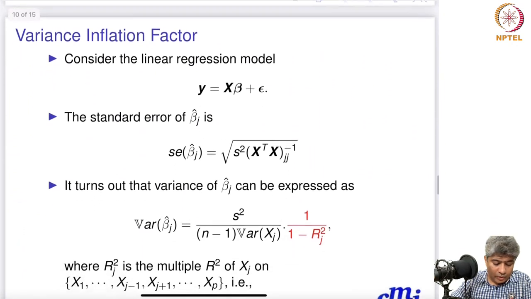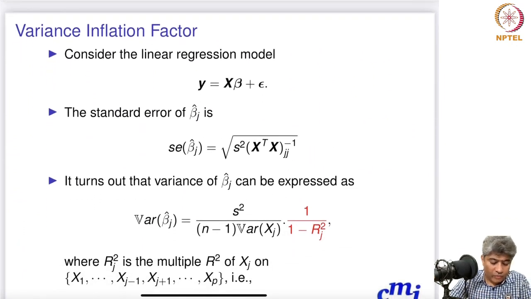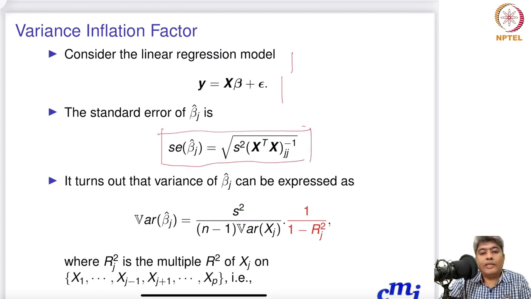Now, what is the motivation of the variance inflation factor? Consider a linear regression model, y equals X beta plus epsilon. The standard error of beta j is this: you take the jth diagonal element of (X transpose X) inverse, multiply with the sample variance, and take the square root of that.